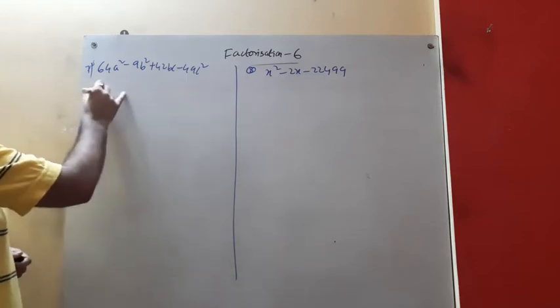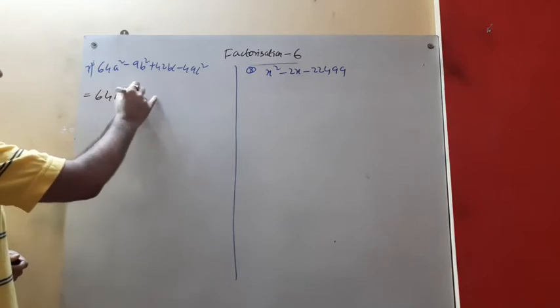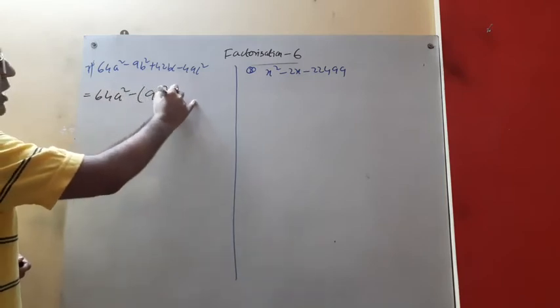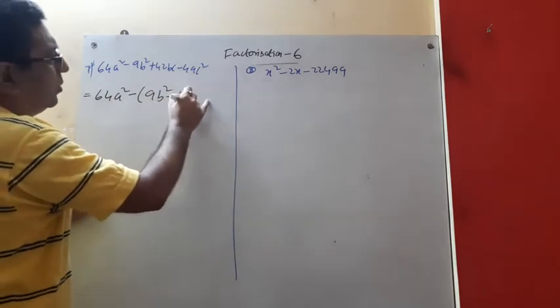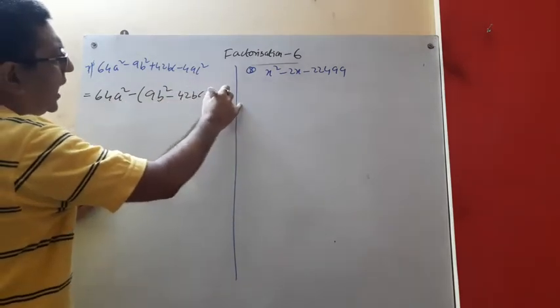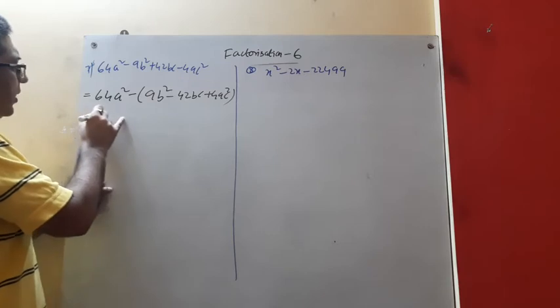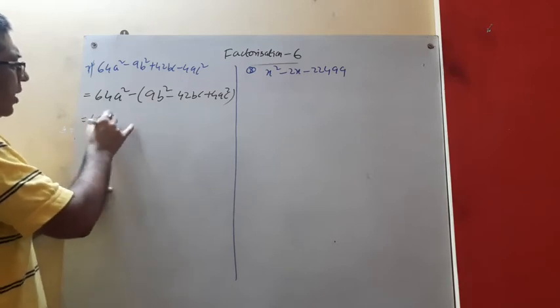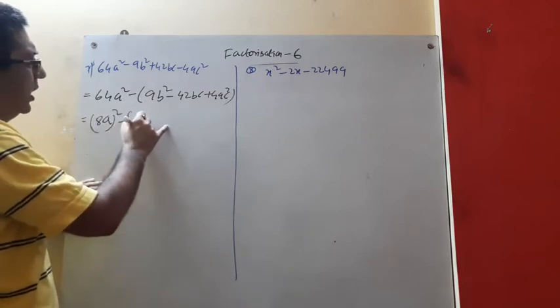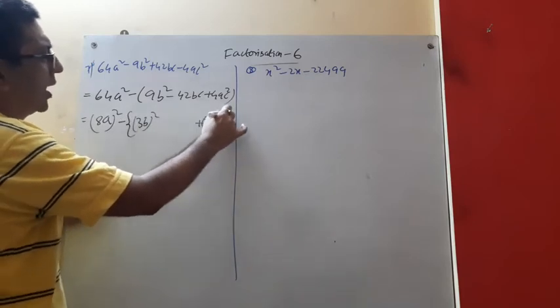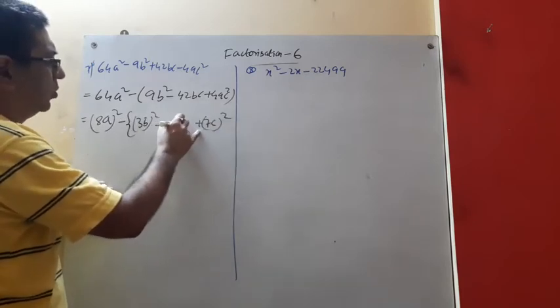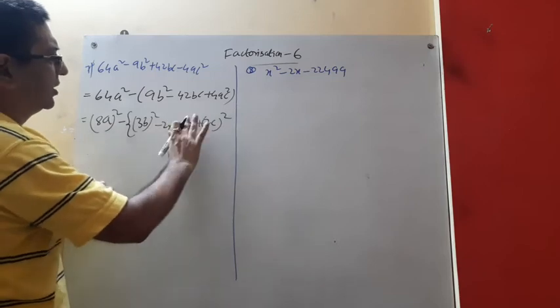Just see, 64a square minus 9b square plus 42bc minus 49c square. Whenever we are taking a minus common, all the signs will be reversed. So what we are getting, this is 8a whole square minus, this is 3b whole square, this is 7c whole square minus 2 into 3b into 7c.